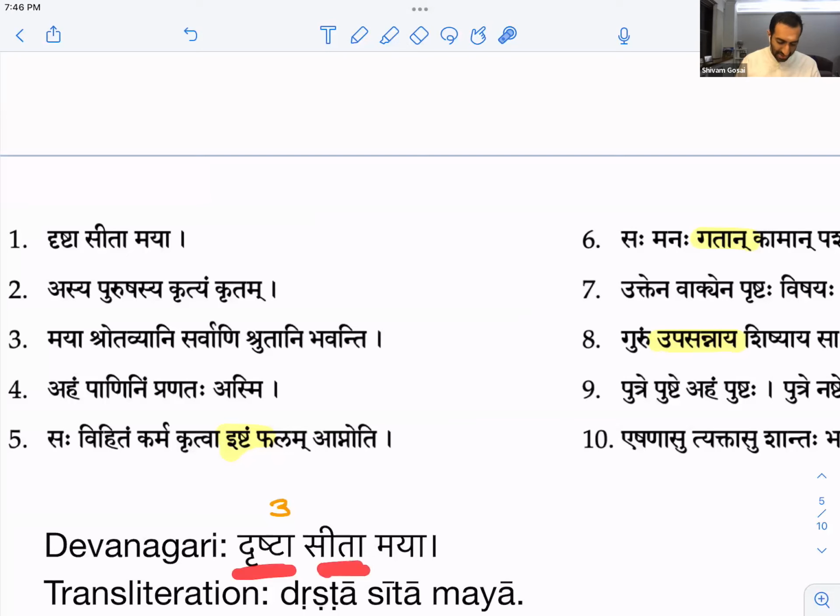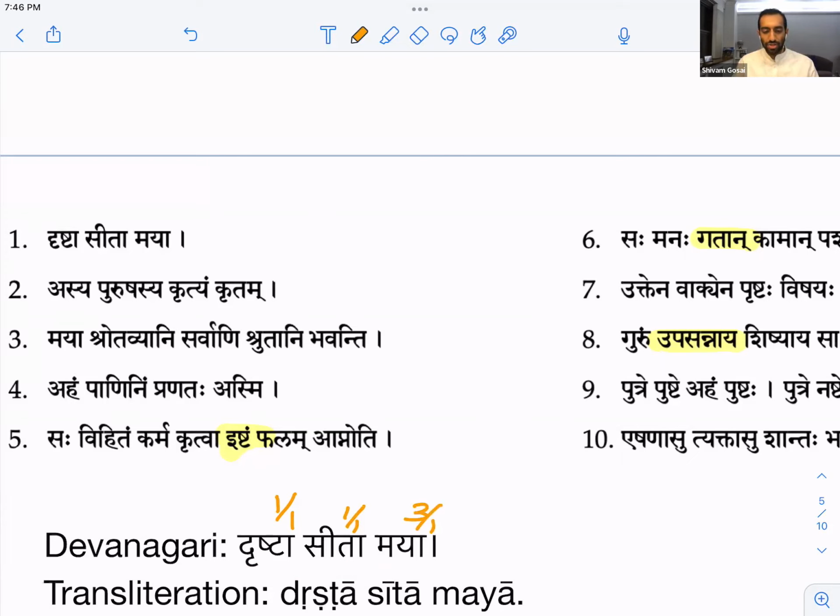It's going to qualify Sita, so it's going to be feminine. Drish plus ta becomes Drishta. And you add akara, it becomes Drishta, feminine. So this is actually 1-1 Strilinga. Sita 1-1, Maya 3-1, Asmad Shabda.